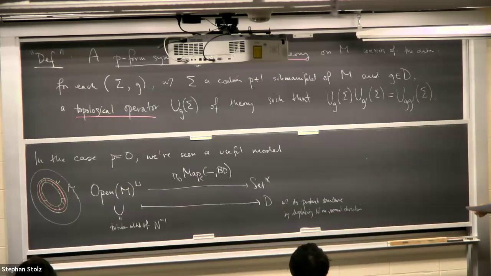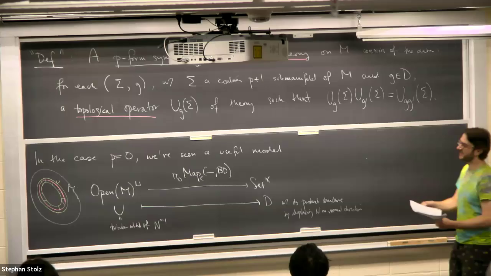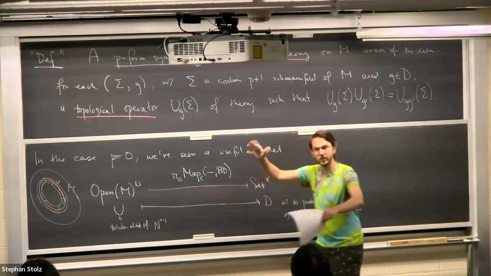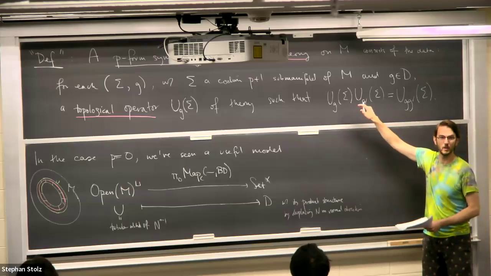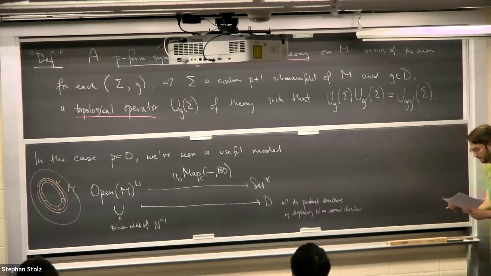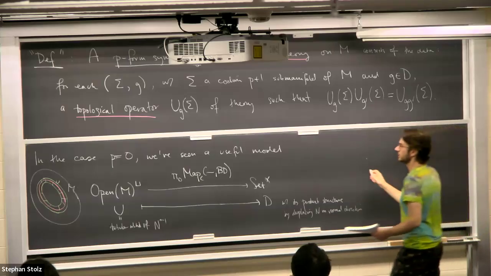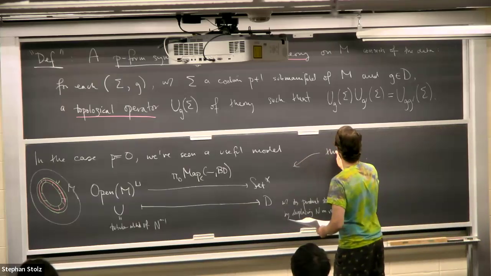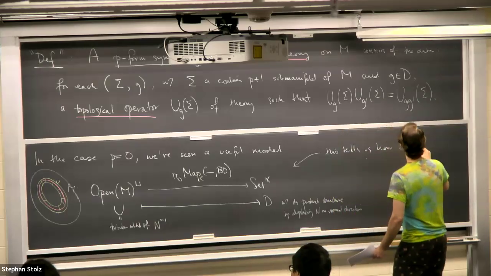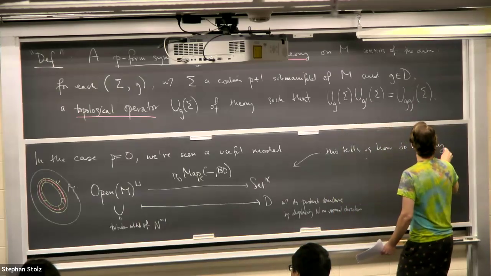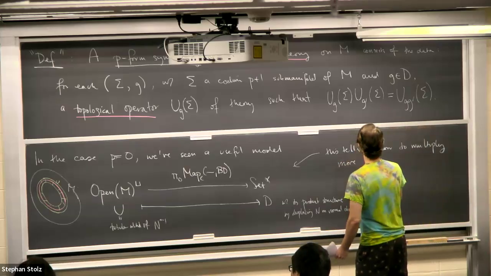Okay. But yesterday we actually saw that one of the nice things about this is that you could multiply opens that don't involve being neighborhoods of the same submanifold. So the nice thing about this example, this tells us how to multiply more complicated ones.